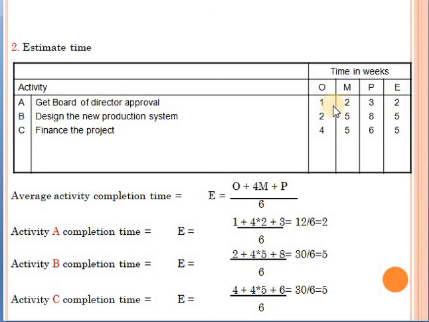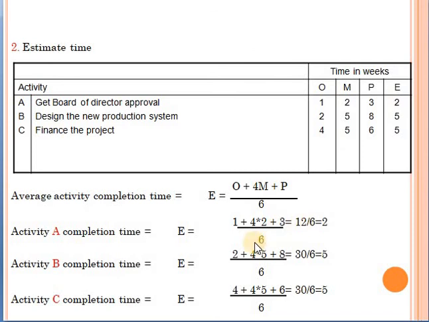Now I need to know how to apply the equation in order to get one single completion time for this activity. So I'm going to use this equation. For completing activity A, E: the optimistic time is 1. This is the optimistic time here. Plus 4 times the most likely. The most likely is 2 weeks. So 2 times 4. Plus the pessimistic is 3 weeks. So I'm going to say 1 plus 8 plus 3.